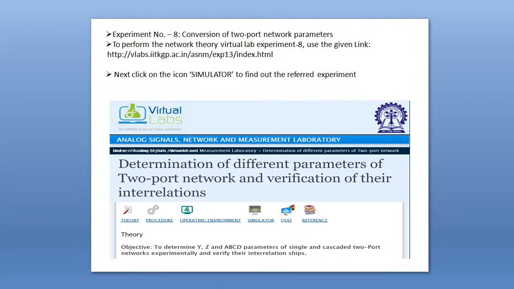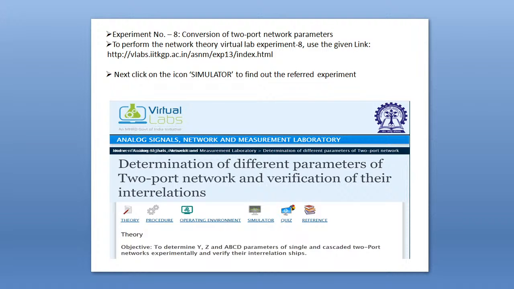Okay, so let me share with you the link for today's experiment, the same link whatever you have used in the last lab class. Now you use this link and visit the virtual lab site of IIT KGP, and then you proceed with the same steps whatever you have followed in the last lab class.